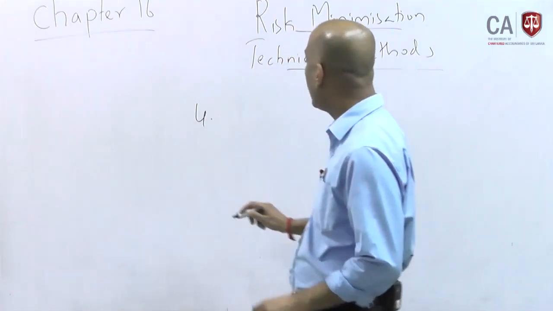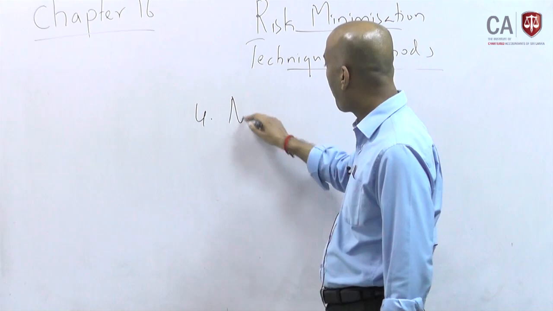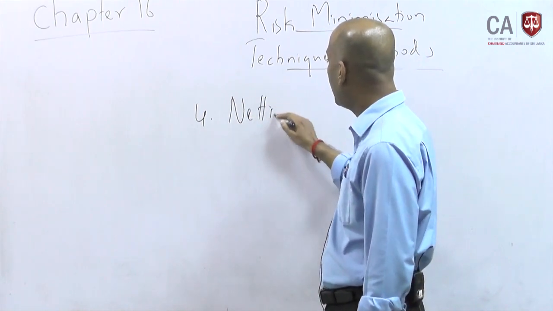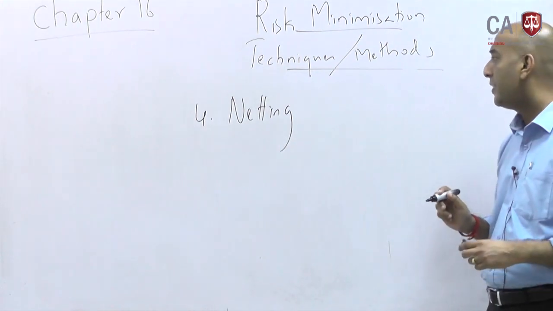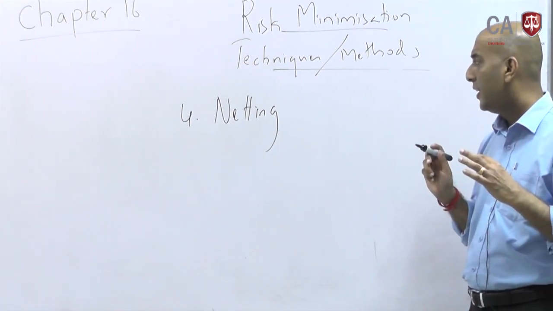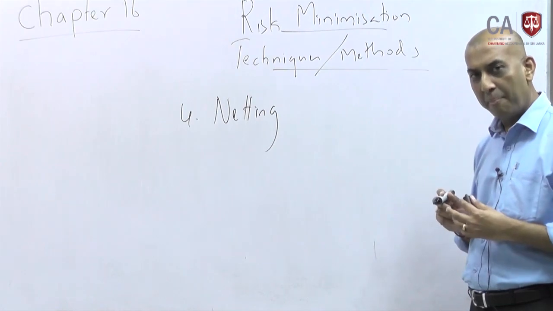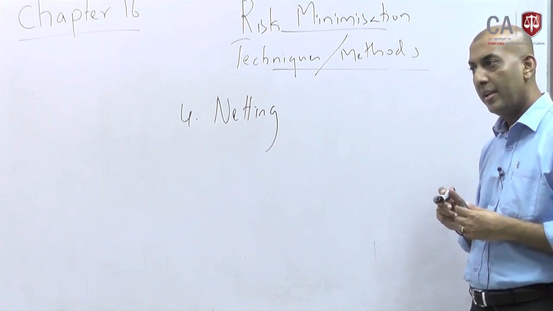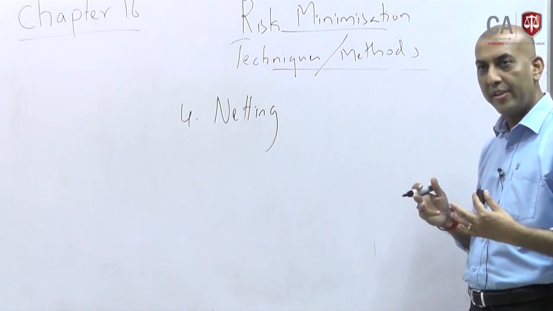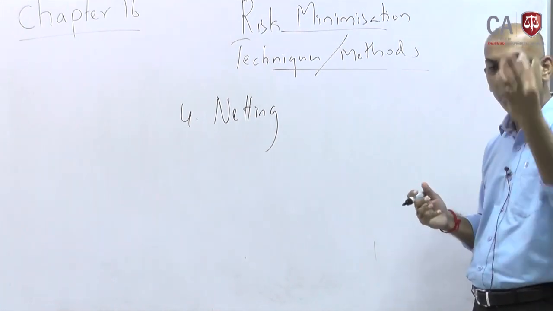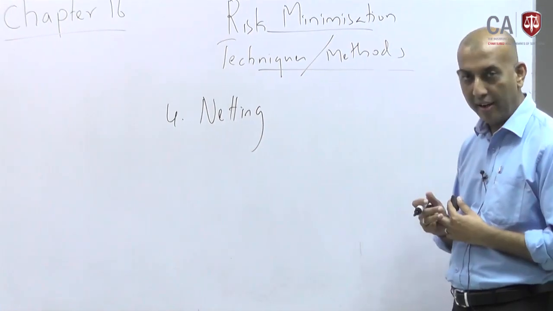So the fourth technique is netting. So what is the netting technique? You would see that in a multinational company, the company will have transactions with counterparties who can be in different countries.